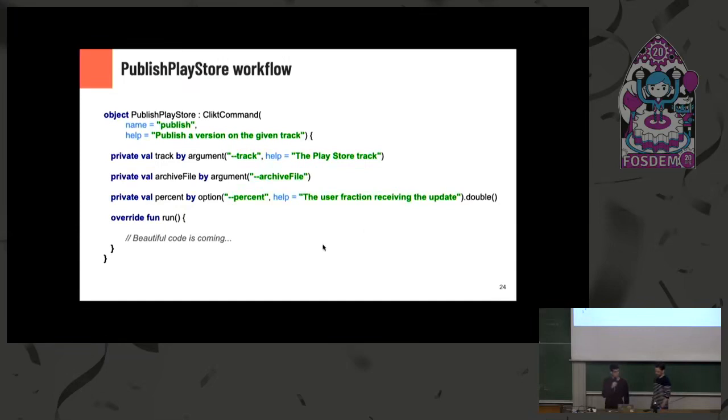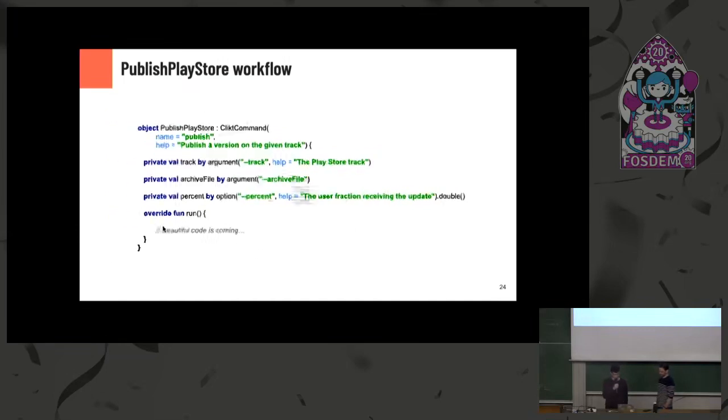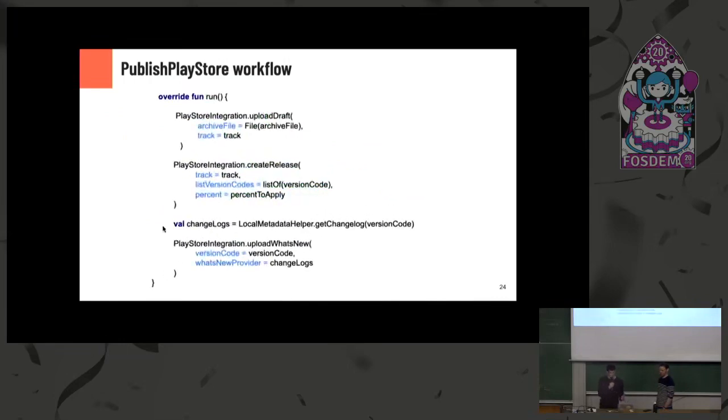Clikt command comes with a run method. And let's look at this method. So for this workflow, we have an upload draft, a create release with a Play Store integration, something we have coded into Kinta. Load local changelog and then upload what's new.